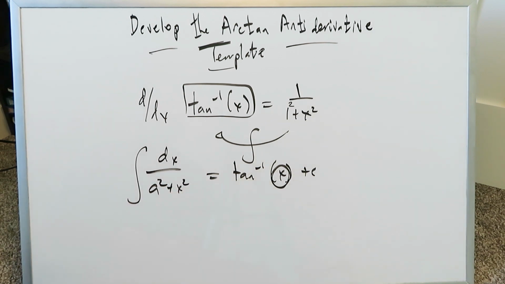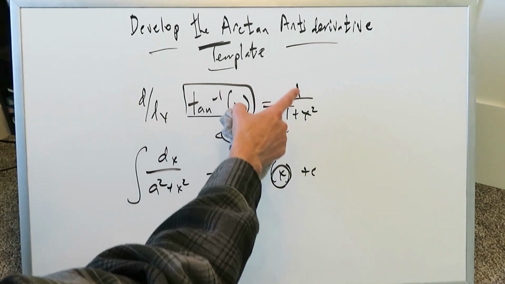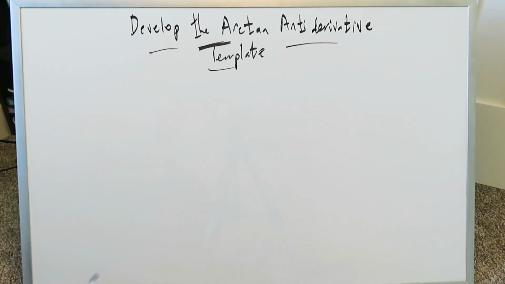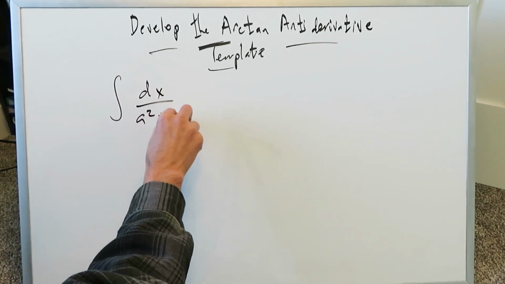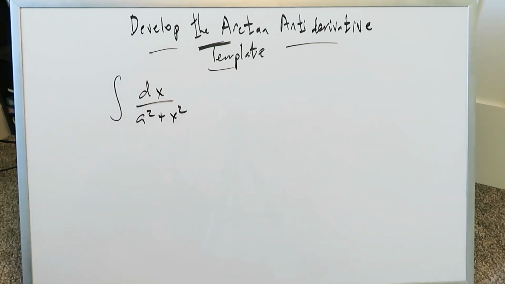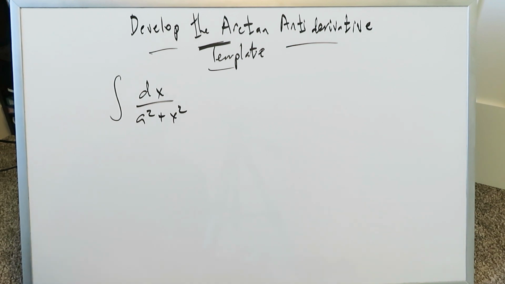There is a good shortcut out there, and that's the Arctan antiderivative template, and we will see how we can arrive at it. But remember, it all stems from the derivative and the integral loop that you see. You are essentially seeing an integral with this appearance, for which you in your mind are thinking the arctan antiderivative, because this should bring you the inverse tan or the arctan.